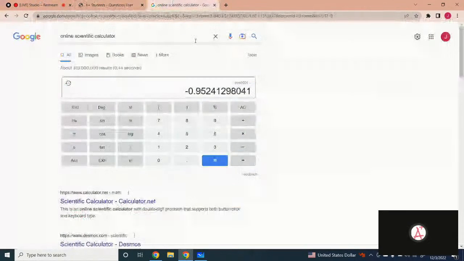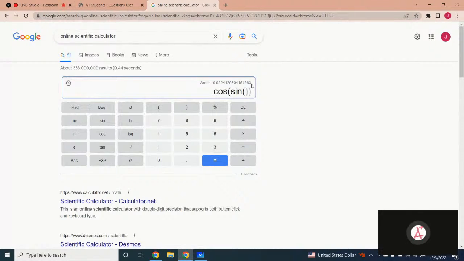I haven't used the scientific calculator online. It is 0.2, I think. Let me just confirm by using a calculator.